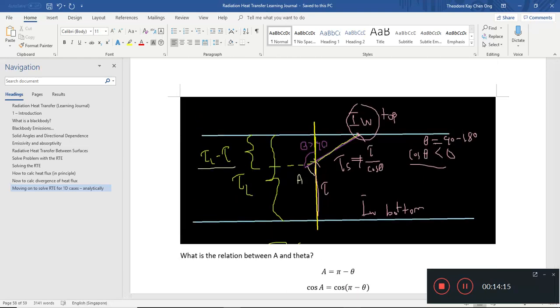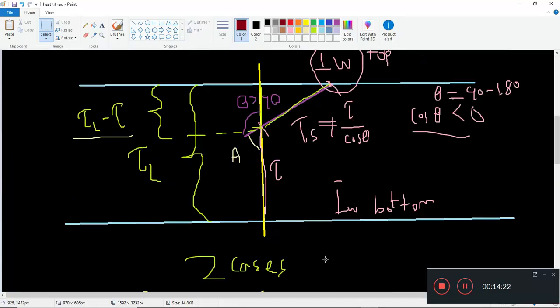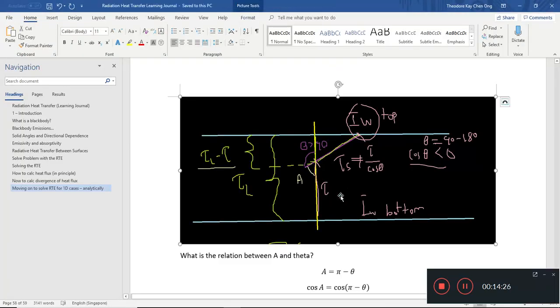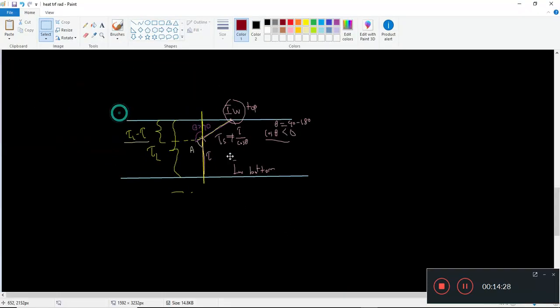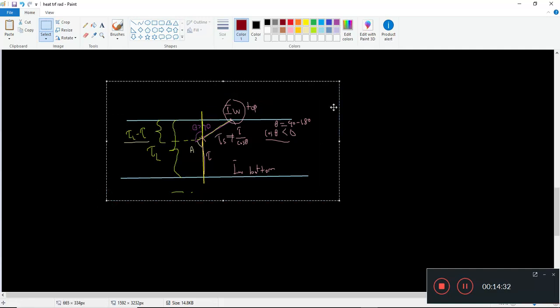For that, we have to take a look again at this picture we are dealing with. I'm going to copy and paste this here once more. Alright, so let's enlarge it a little bit.